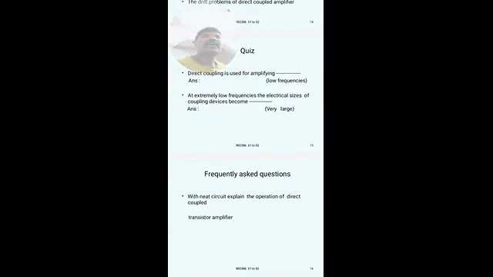Frequently asked questions. With a neat circuit diagram, explain the operation of direct coupled amplifier. Explain the drift problem in the direct coupled amplifier and how we can overcome this problem.